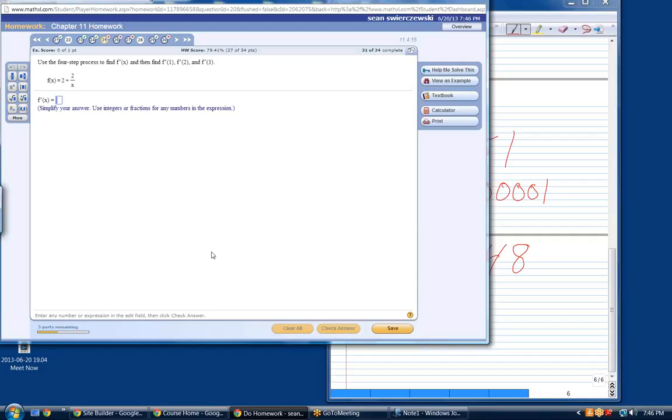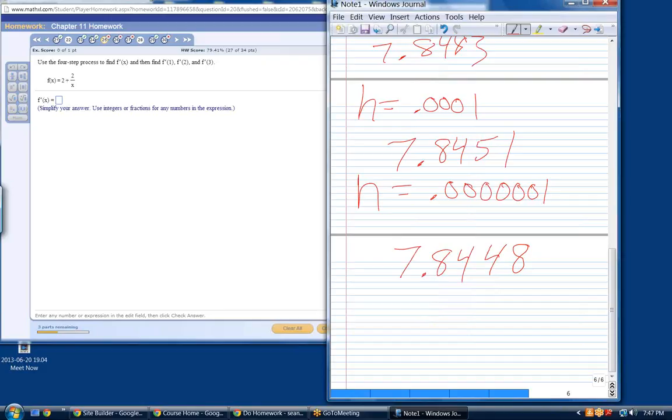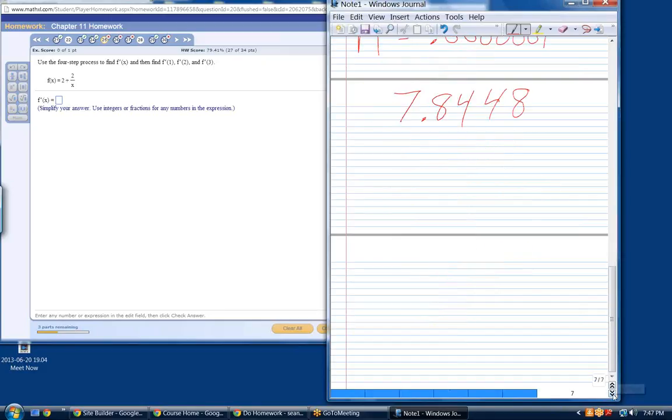Can we do this the easy way? I guess there's no reason not to. So f of x is equal to 2 plus 2 times x to the minus 1. I rewrote it like that because we're going to apply the power rule. What is f prime of x?